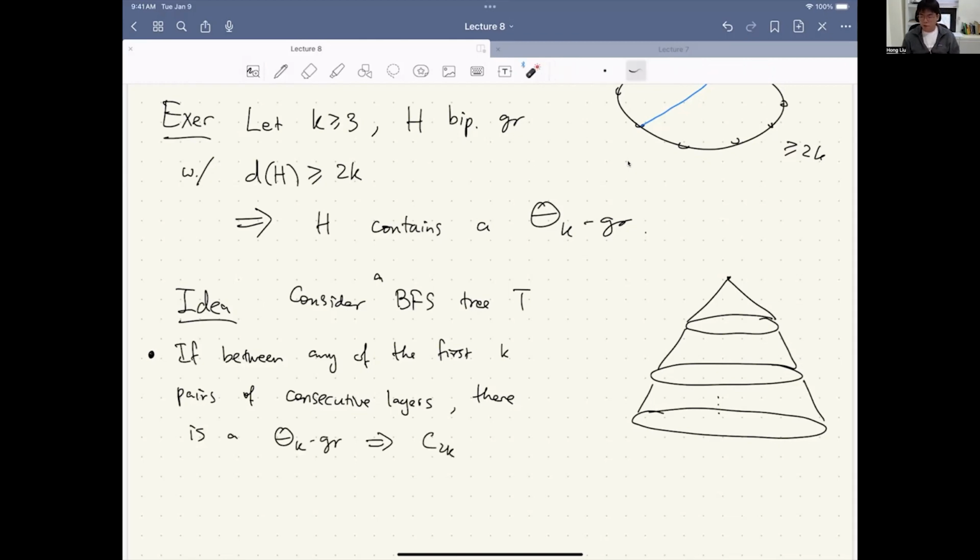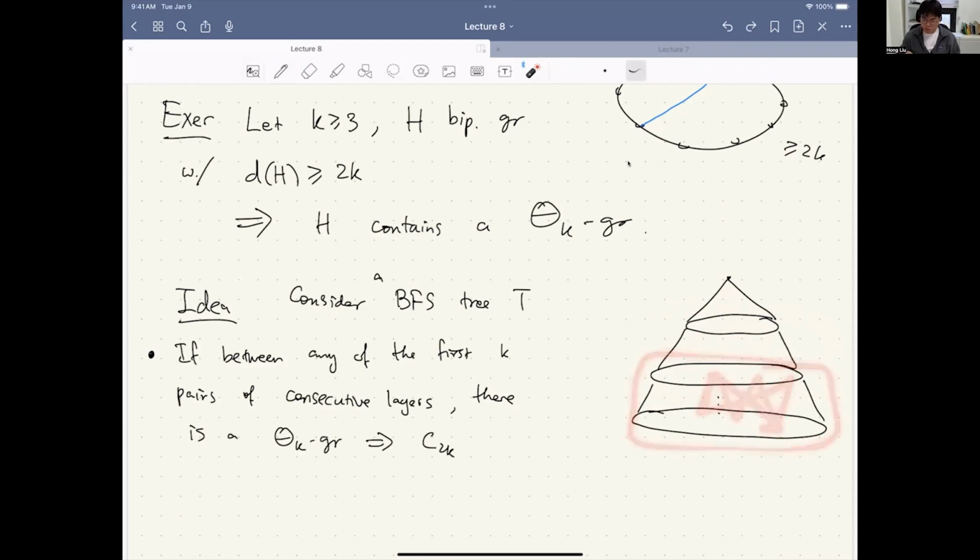So if between any two layers here, you have this theta graph with a chord, then we can somehow make use of this theta graph with a chord to find the C2K. Same with any two layers, okay? If you have this theta graph that looks like this, the even cycle with a chord. So let's add one more chord.